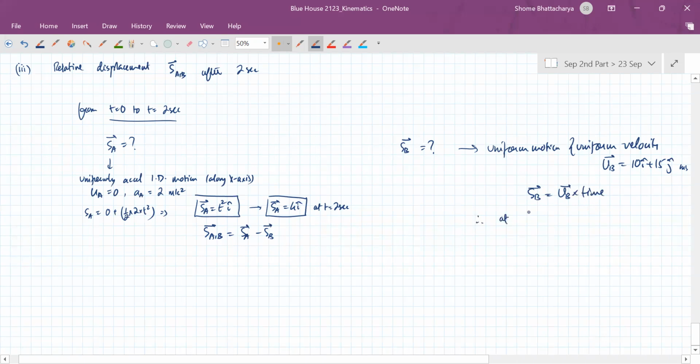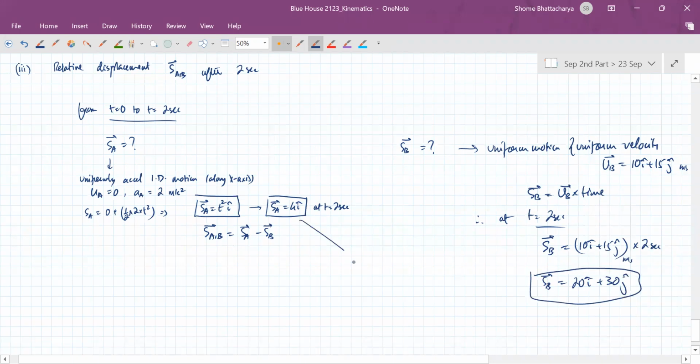Therefore, at t equal to 2 seconds, B's individual displacement is 20 i cap plus 30 j cap.